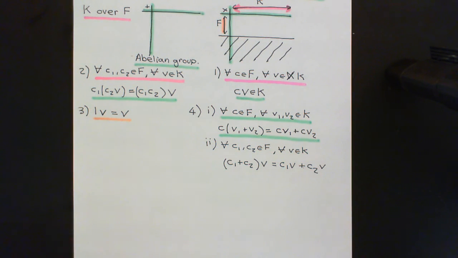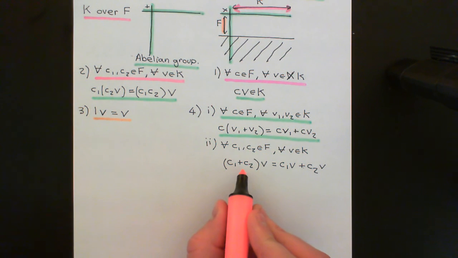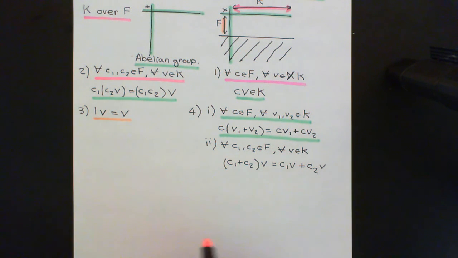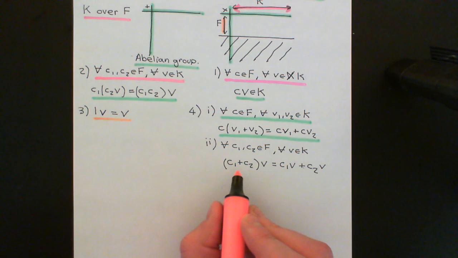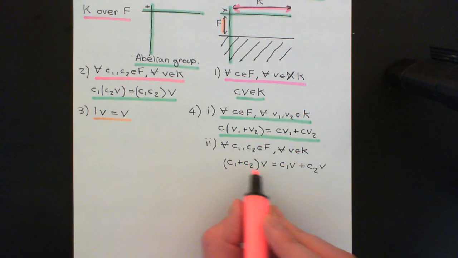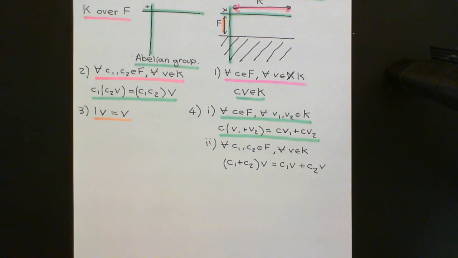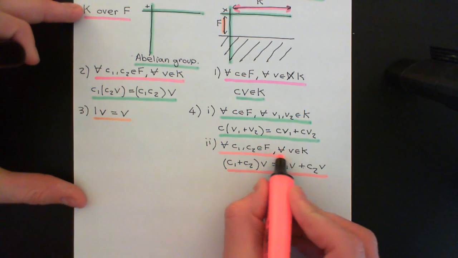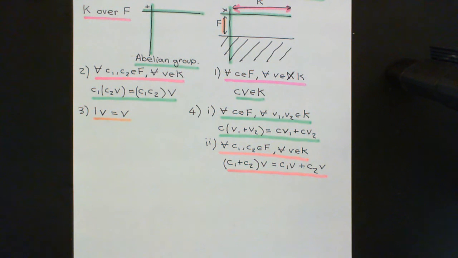Again, because addition in the field is just addition in K effectively, because the field F is just a subfield of the field extension K, this just becomes right distributivity, because scalar multiplication is also just multiplication in K. This is of course going to be true in our field capital K, because we insist on it being so, since this is a ring.